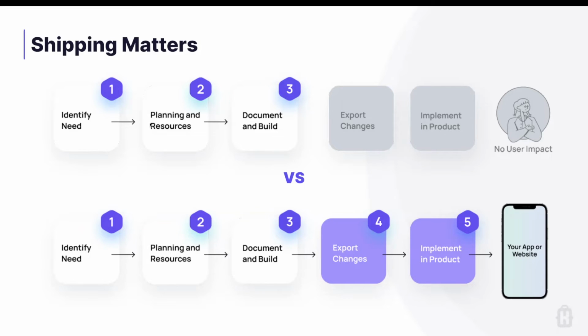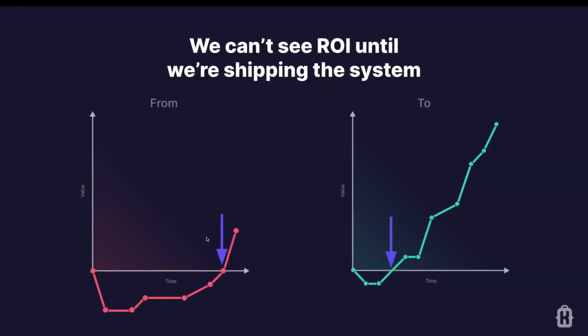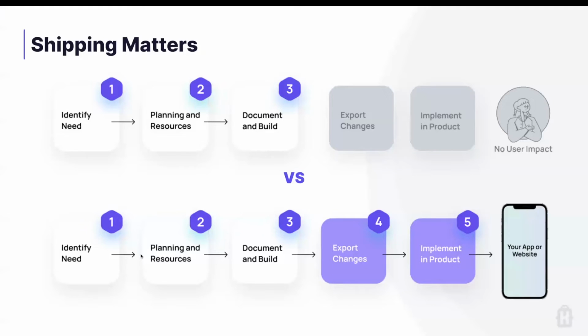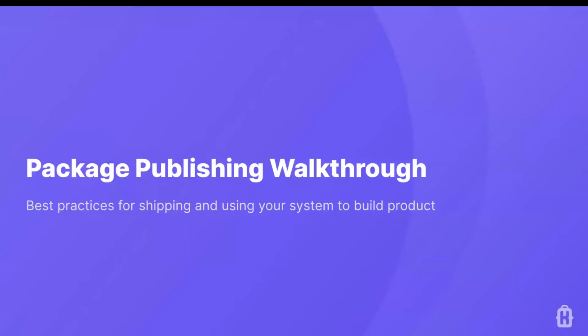And if we spend more time on the churning, if we spend more time documenting and building and discussing the documentation, what we have is this side of our chart again, where we don't see the return on our investment for a while. But if we're able to actually get our changes exported right away, we're able to implement those things in production into our apps or our websites, whatever we're going to work on. So, and again, that gets us through to our ROI.